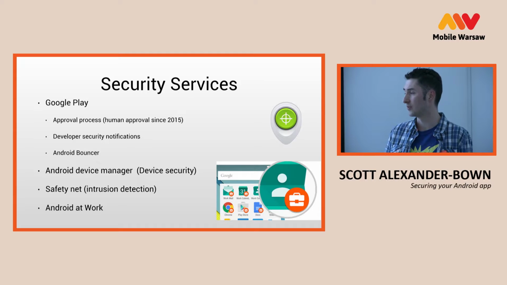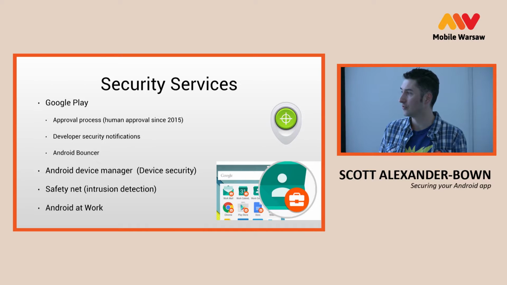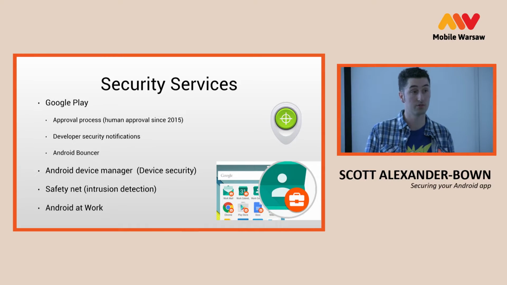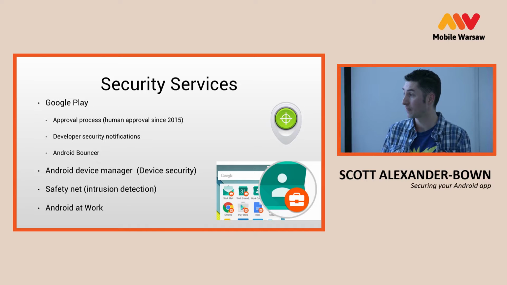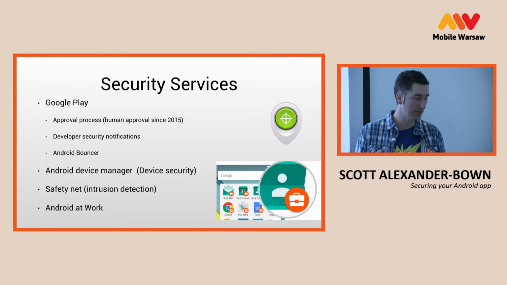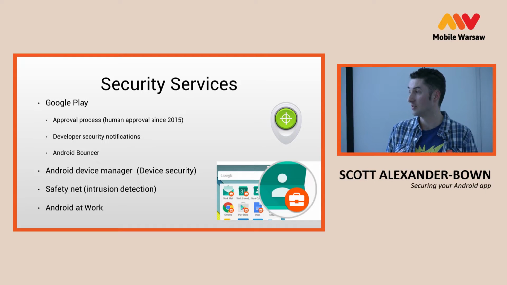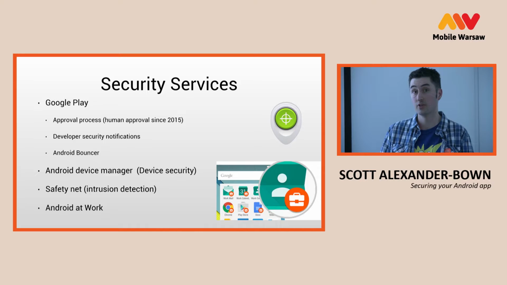Safety Net is something that is also relatively new, and it's a sort of intrusion detection system. It runs on any device that's running the Google Play services. It runs in the background, and they reckon they've got over 1 billion devices, with about 150 million devices reporting in daily, which builds up a picture that tells Google about potentially harmful apps.